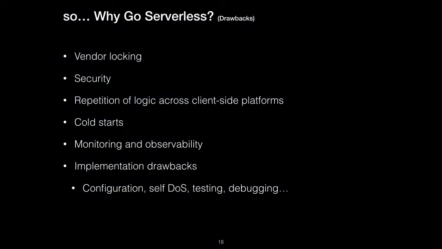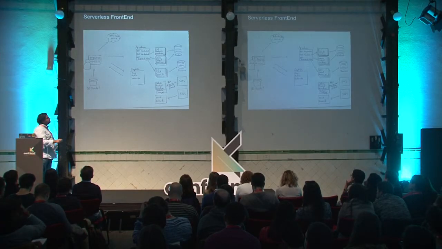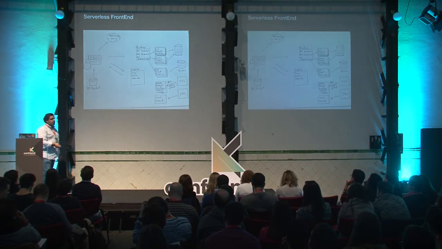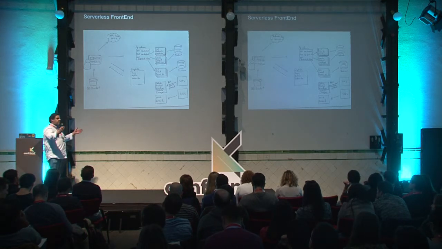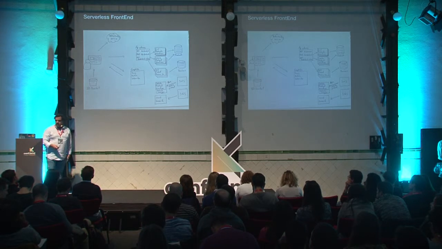So, why go serverless? We all know there are drawbacks. One that I hear a lot is vendor locking. It is true, but nothing stops you from having, for instance, this part here on a different vendor, separating your functions as a service and your API gateways per vendor, if you go that way.